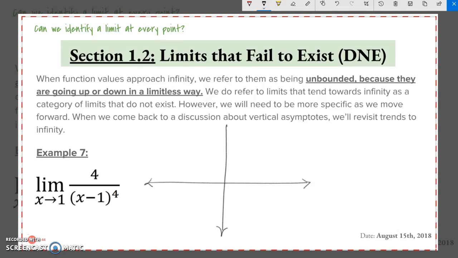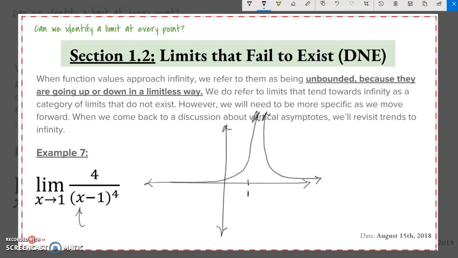But what we find is that as we are approaching 1 from either side, putting 1 into this expression would cause us to divide by 0. Anytime we have division by 0, we have a trend towards infinity because of that asymptotic behavior. So here, our particular graph is going to head up towards infinity on this side, and the same from the right as well.